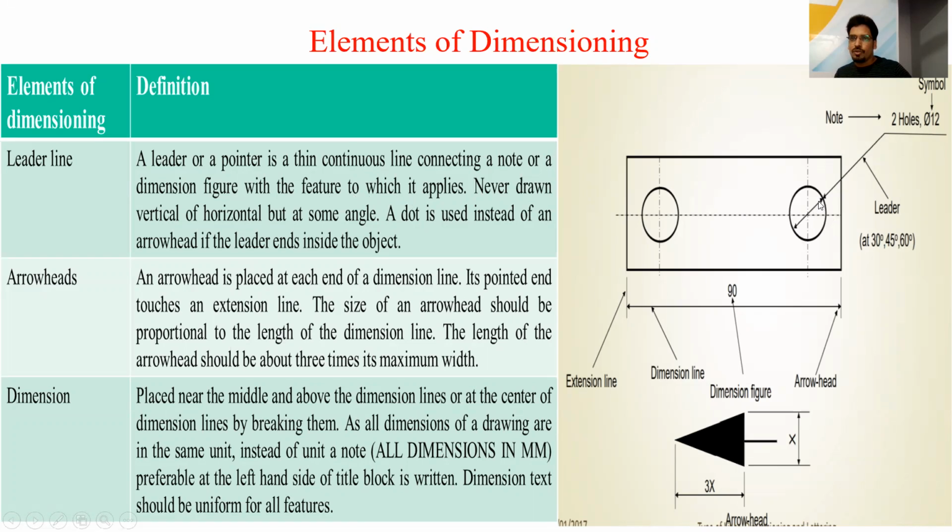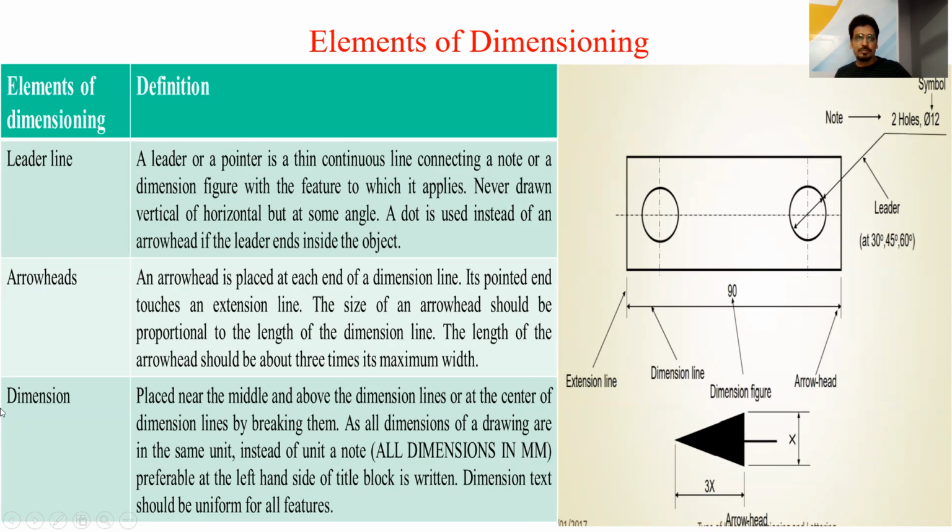I have to draw the dimension line, and then I have to draw a leader line which extends this dimension line, and we have to write the dimension over this leader line. For example, 2 holes, diameter 12. It means there are 2 holes in this object which are of diameter 12 mm.